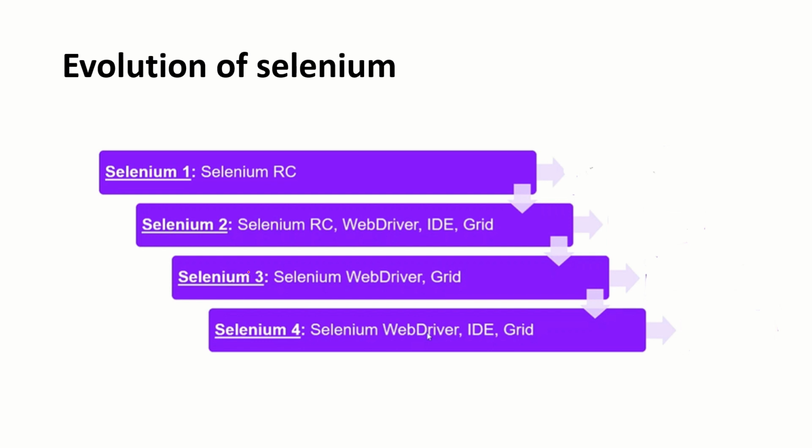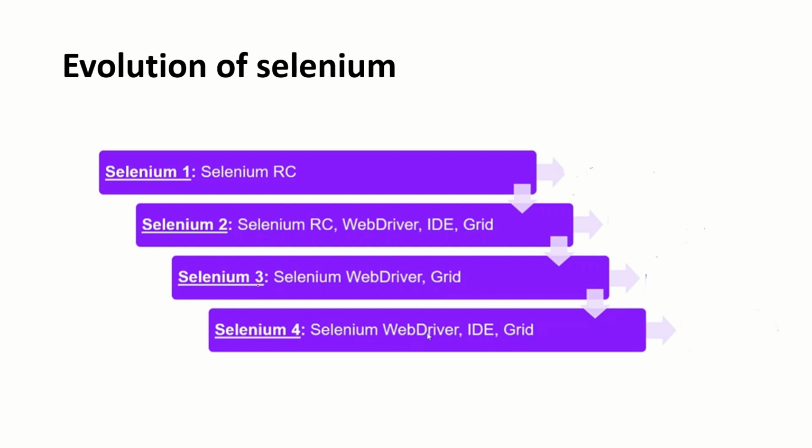The communication between the application under test and the script written by testers was not that fast, and the architecture was a little bit complicated, where we needed to start the server every time to execute the scripts. Some of these pitfalls in the Selenium tool were overcome in Selenium 3.